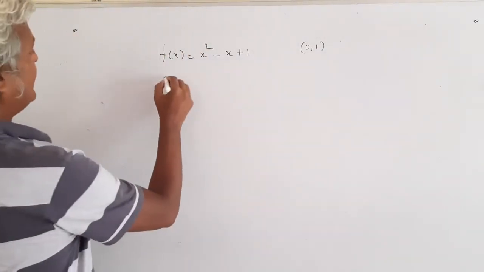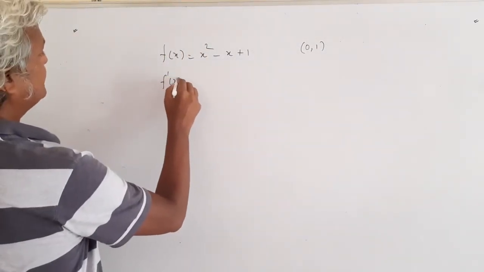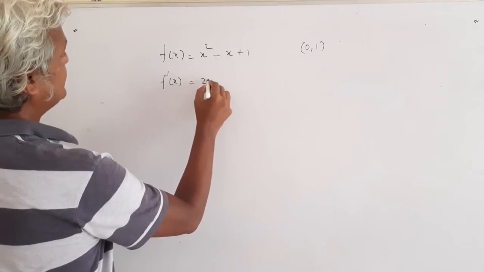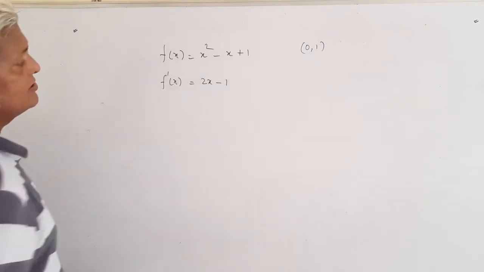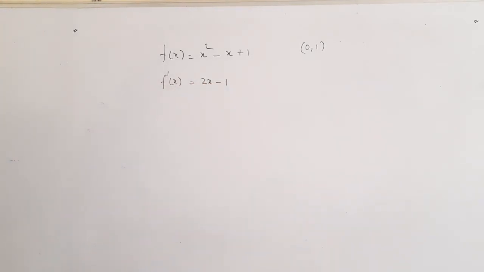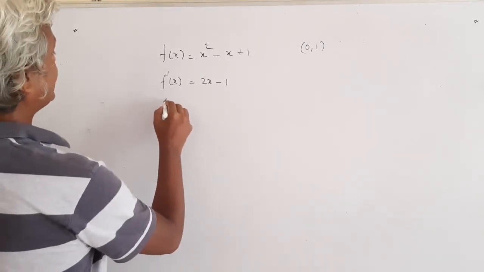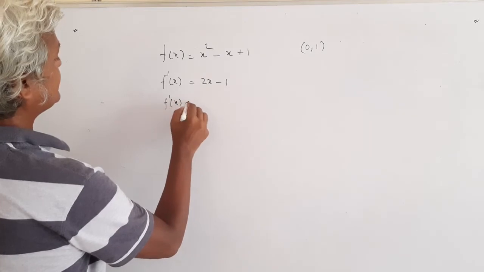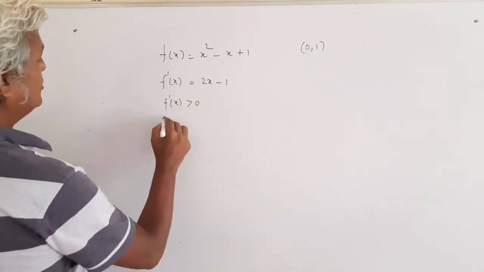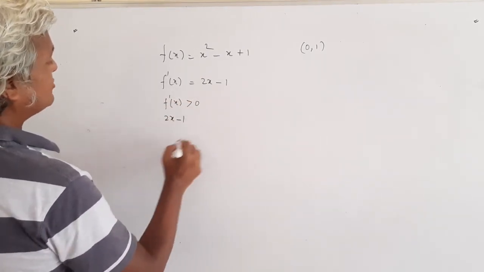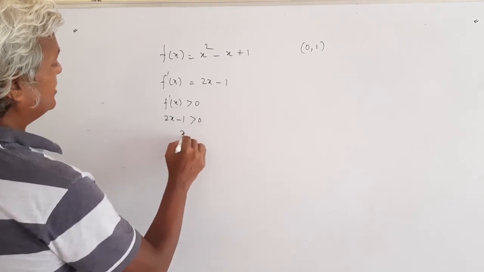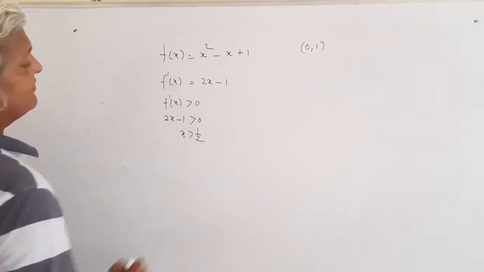So first you have to find f'(x). f'(x) is 2x minus 1. Then if it is strictly increasing, f'(x) should be greater than 0. So 2x minus 1 is greater than 0, then x is greater than half.